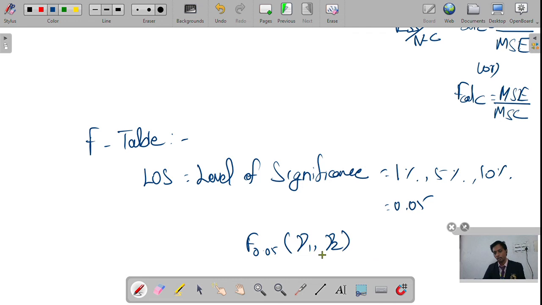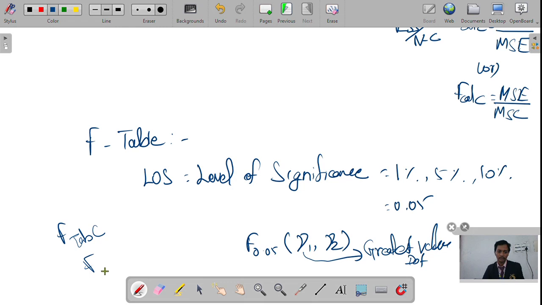Nu1 is found from the greater degree of freedom value, so you have to find that value here. With the help of that, when you calculate the F table value, F tab of C or F tab of R, under 0.05 or else 1% or 10%, you will get that value.